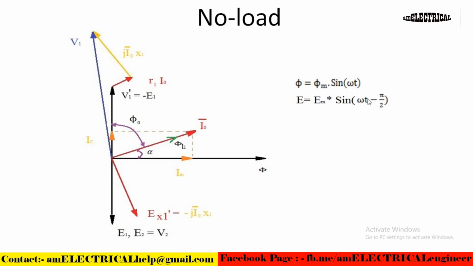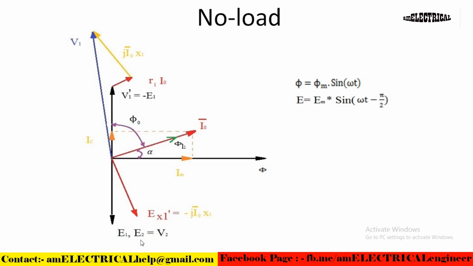So from this formula, it is clear that E1 and E2 are lagging phi m by 90 degrees or pi by 2. In a transformer, if N1 equals N2, then only E1 will be equal in magnitude to E2.